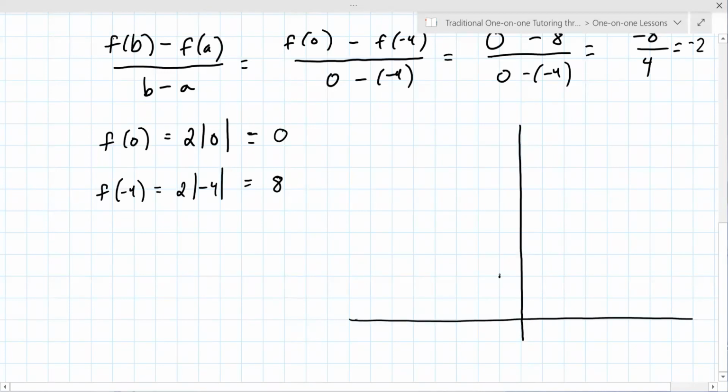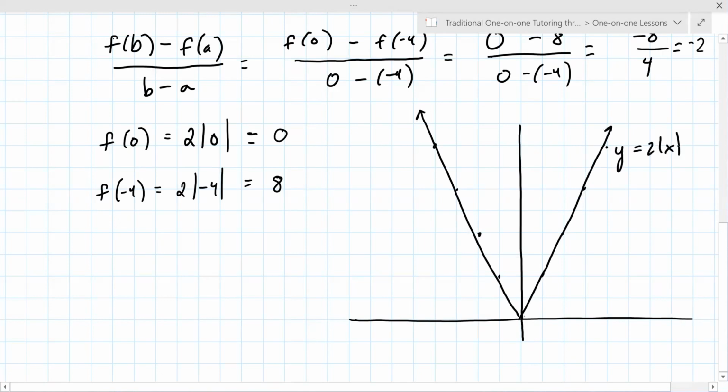It's the same as before, but it extends up here, so you need a little more height on your graph. This is the graph of y equals 2 times the absolute value of x. And they want you to graph these 2 points, 0, 0, which is already here, and then -4, 8. They just want you to overlay the line there for the second part.